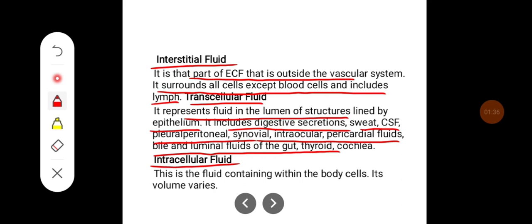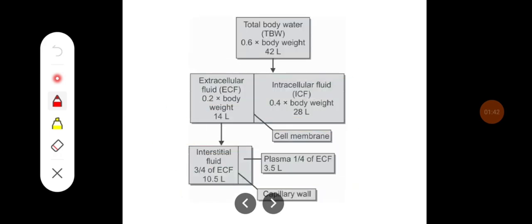Intracellular fluid. This is the fluid contained within the body cells. Its volume varies. Total body water is 60% of the total weight, and total body water can be, as we discussed, extracellular or intracellular fluid.